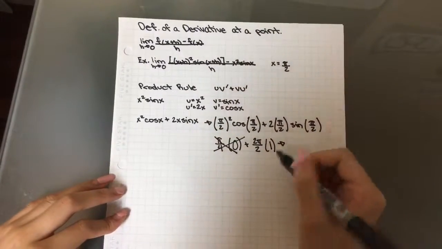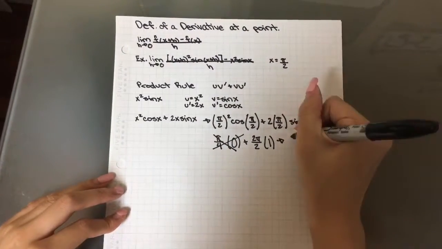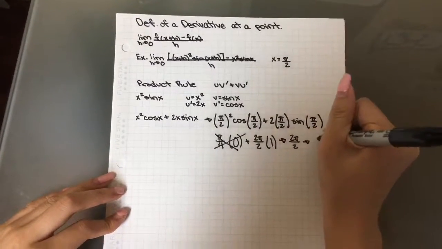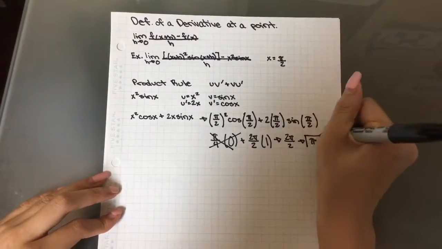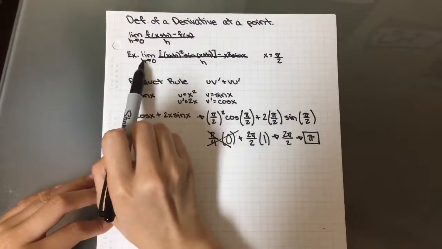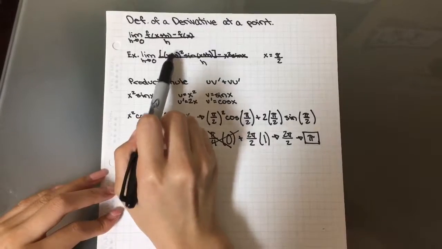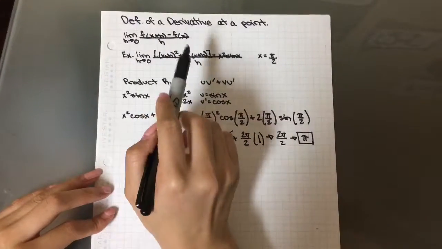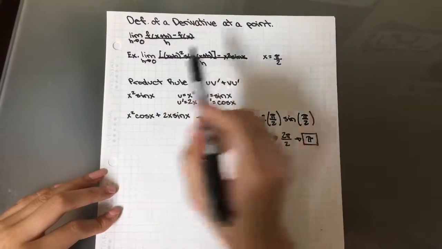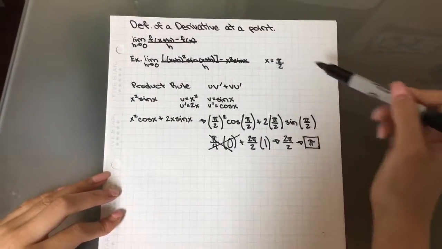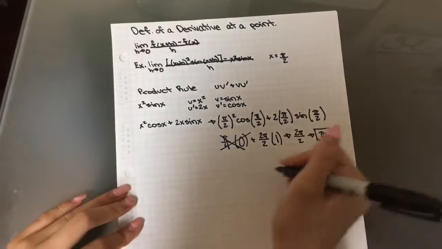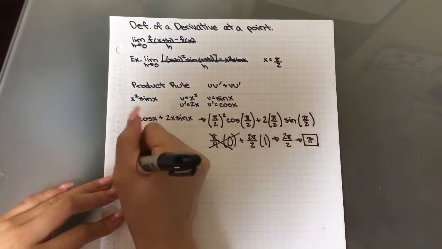Then this times 1 will just become 2 pi over 2, and you simplify, so the answer will just be pi. So the answer to the limit of x plus h squared sine of x plus h minus x squared sine of x, all over h, at the point x equals pi over 2 is going to be pi.